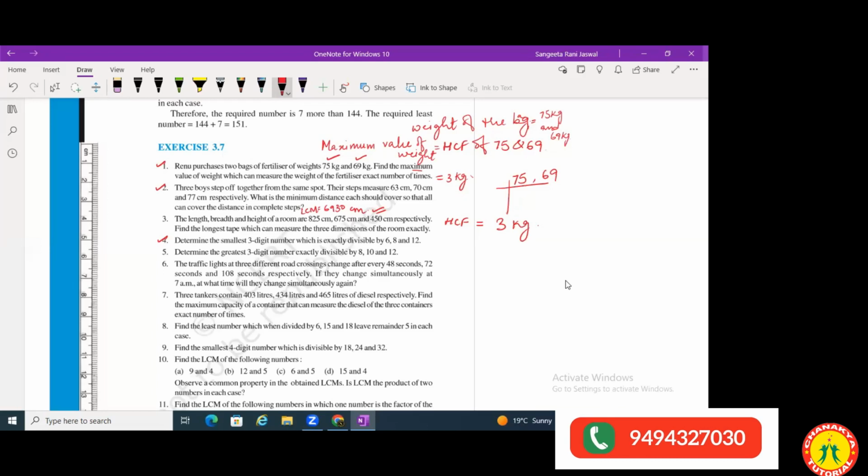Ma'am, we have to find the LCM of 6, 8, and 12. Yes. And then after that, the smallest three-digit number is 100.